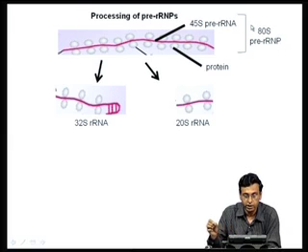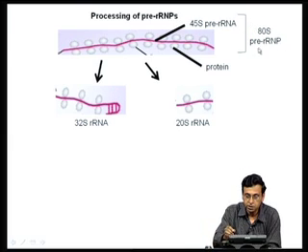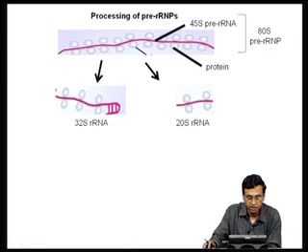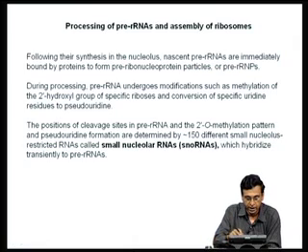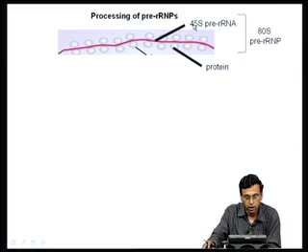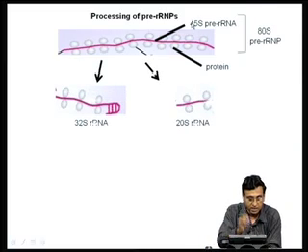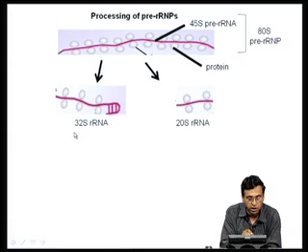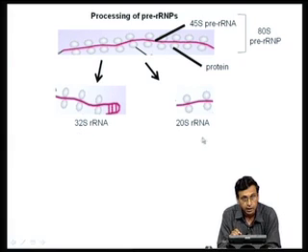The 80S pre-rRNP contains both the 48S rRNA shown in red here as well as protein components, and then the snoRNAs, the small nucleolar RNAs, now come into the picture and cleave this 48S RNA at specific regions so that you get what is called 32S rRNA and a 20S rRNA.